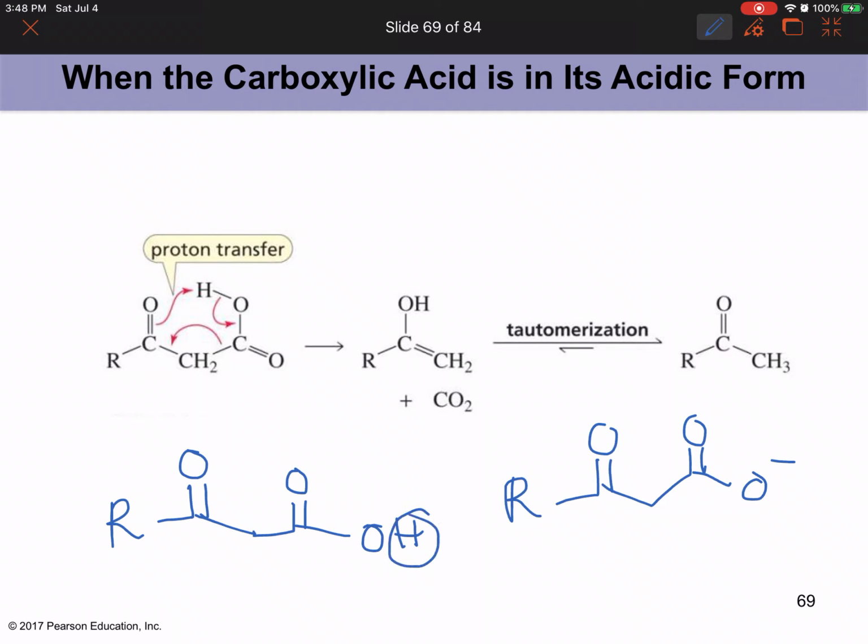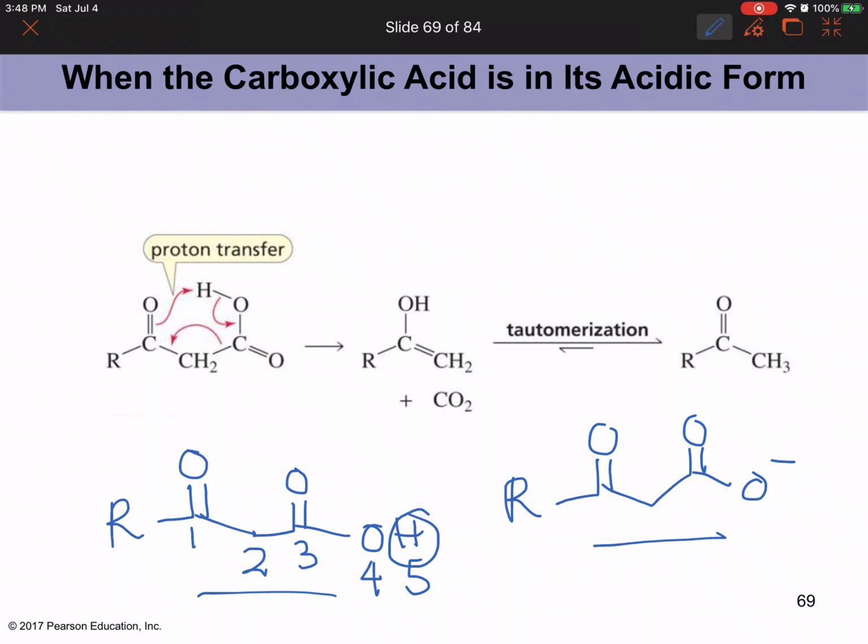Now this same molecule that we have drawn, we can draw it in such a way that it forms a 6-member transition state. If you number these atoms, this is 1, 2, 3, 4, 5.